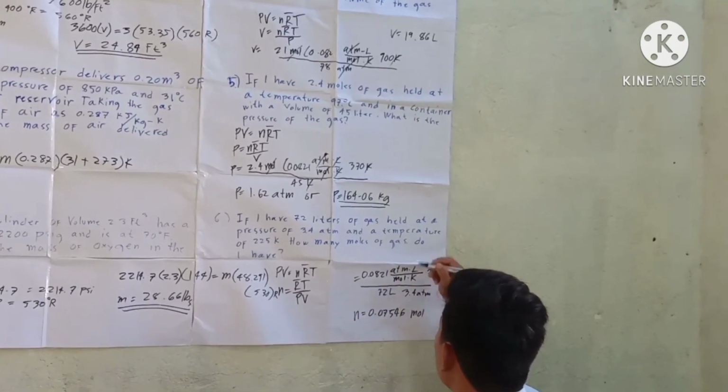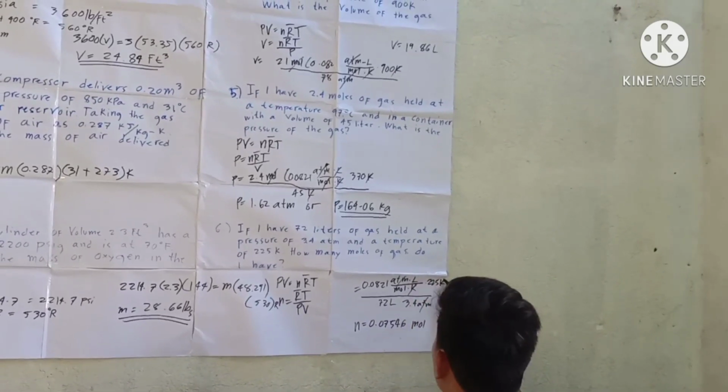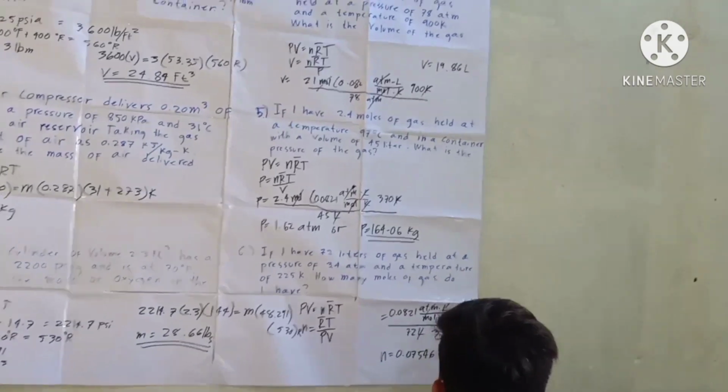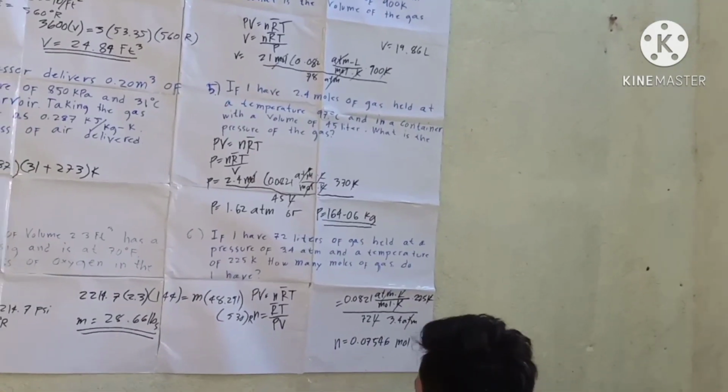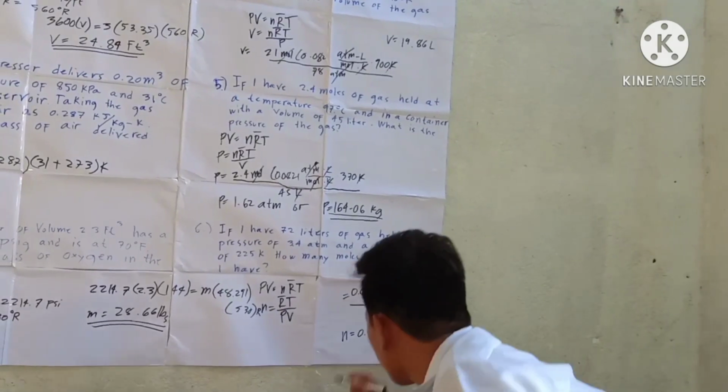Cancel the atm, Kelvin, then the liters. So the answer is that the number of moles is 0.07546 moles. Final answer.